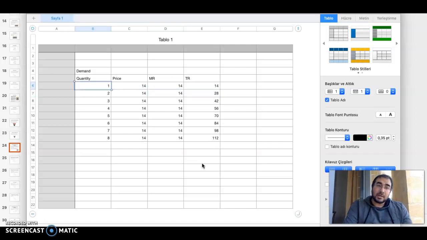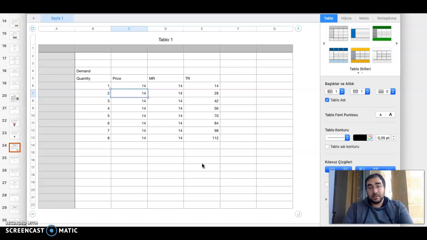When you sell 2 units instead of 1 unit, and the price remains the same, the additional revenue you get is 14, the price of the second unit, and you are not losing any money by selling this additional quantity. That's why, when the price is the same whatever quantity you sell, price and marginal revenue are the same, which was the case last week, if you remember.